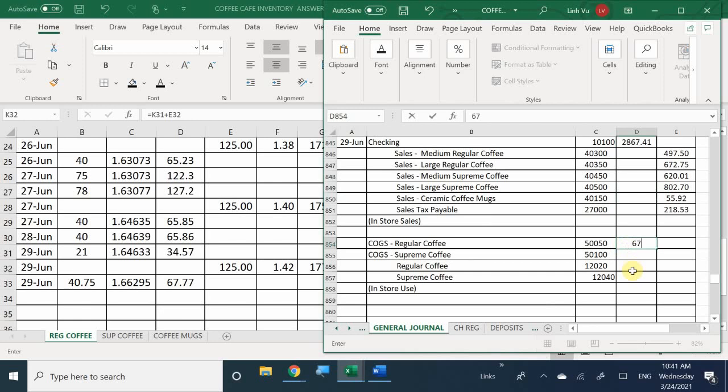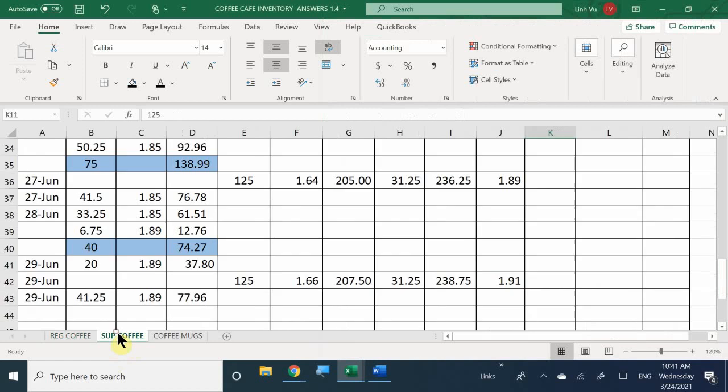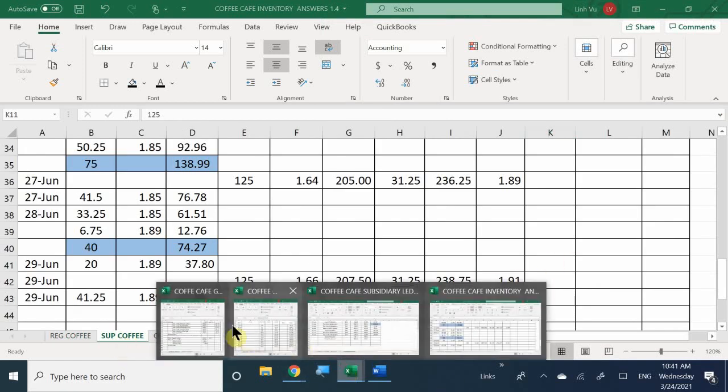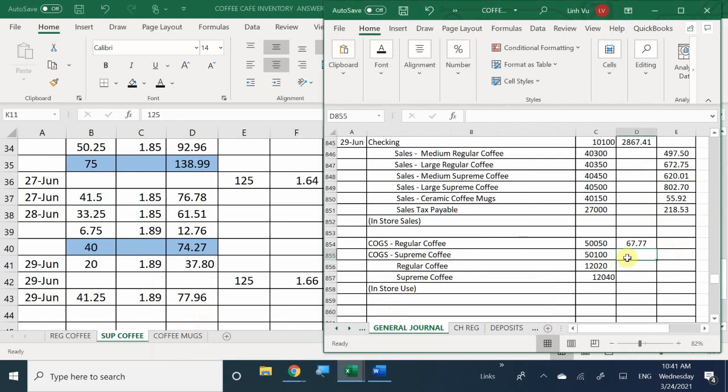We got 67.77, and we got, what was it, 77.96? Mm-hmm. Yep, 77.96. Perfect. 77.96. Okay, once again, in-store sales or in-store use.